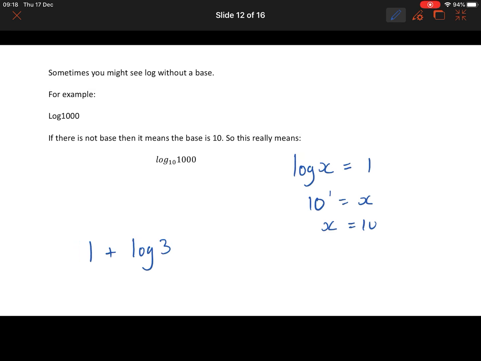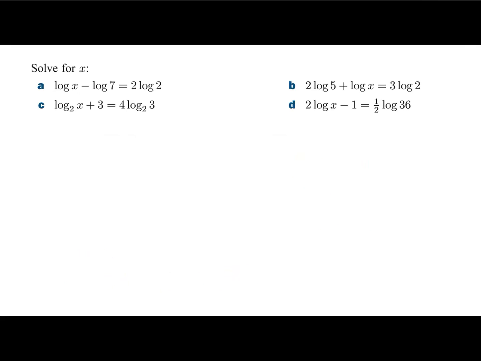Well, that means that 10 to the power of 1 equals x, so x equals 10. Rewrite this as log 10 plus log 3. Now use rule number 2, that equals log 30. The base is 10 if it's not written.